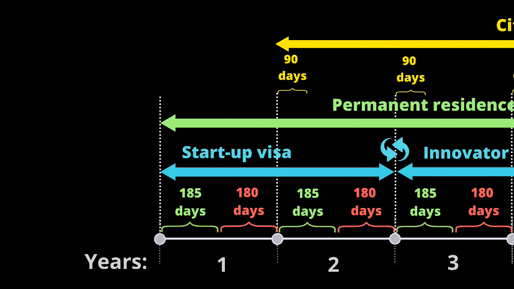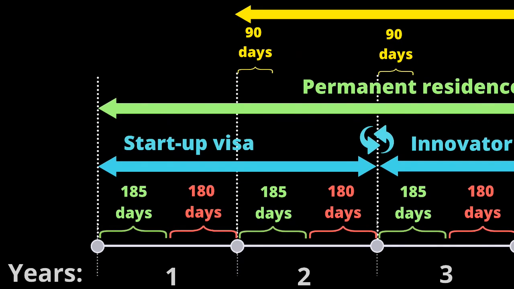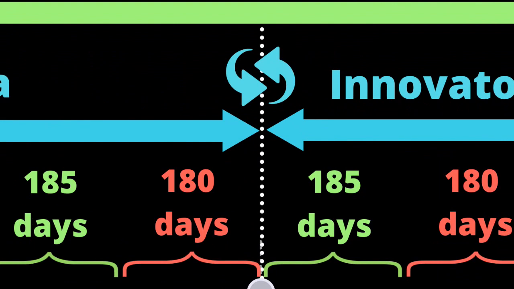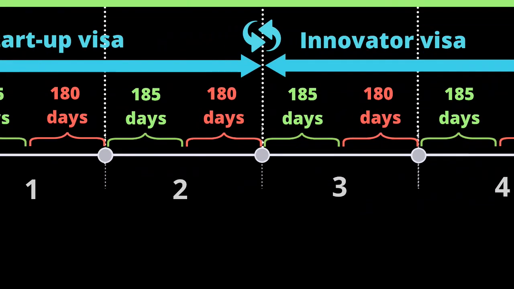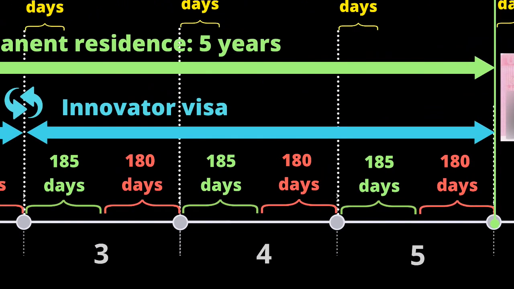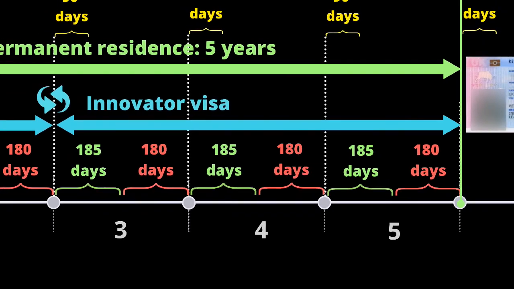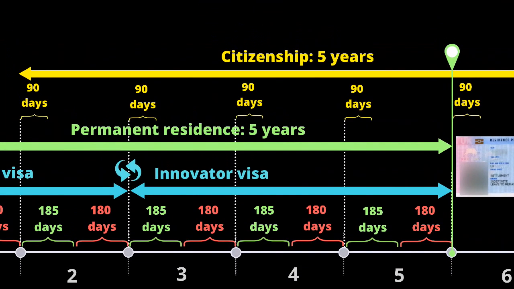So let's just have a look at your typical journey on the startup visa or innovator visa. You'll be beginning on the startup visa for 2 years, and then you'll switch. Just bear with me because this is a live stream. I'm just zooming in and out. You'll switch at year 2 into the innovator visa, and then you'll spend 3 years on the innovator visa, and then assuming you meet the success criterion after the innovator visa, then you'll qualify for permanent residence at year 5.